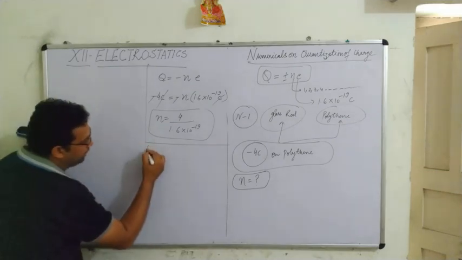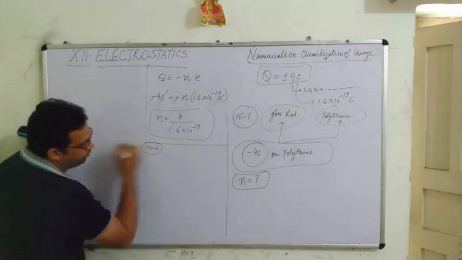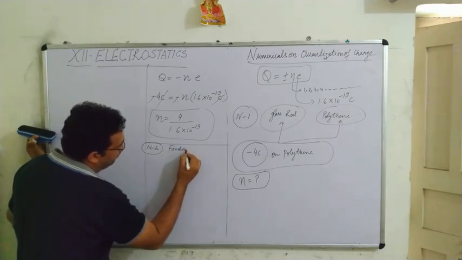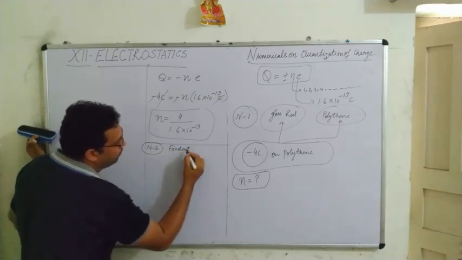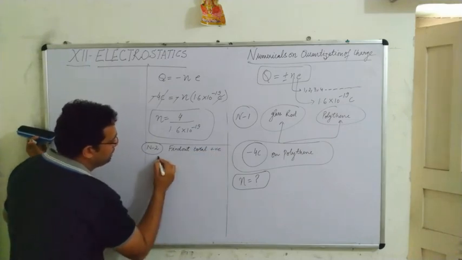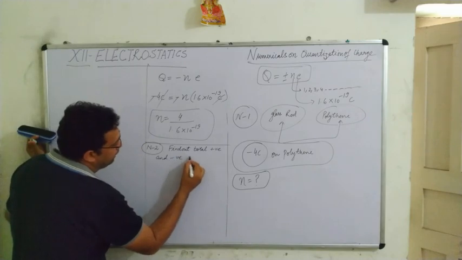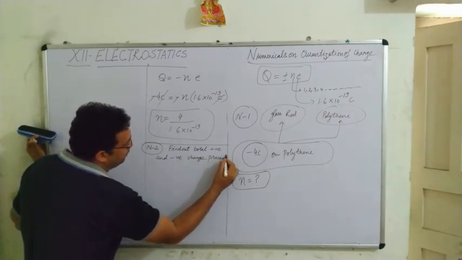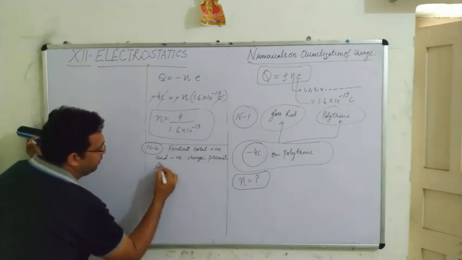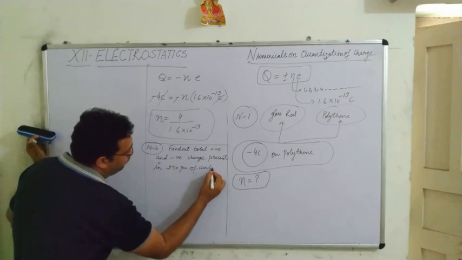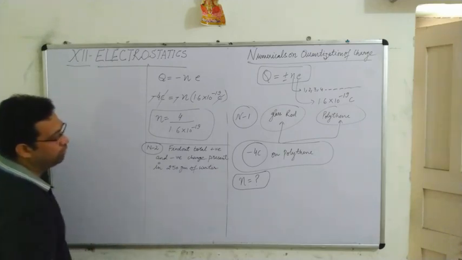Now the next numerical, number 2. Write down the statement: find out total positive and negative charge present in 250 gram of water.